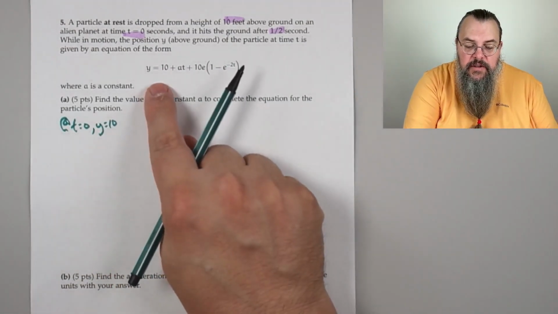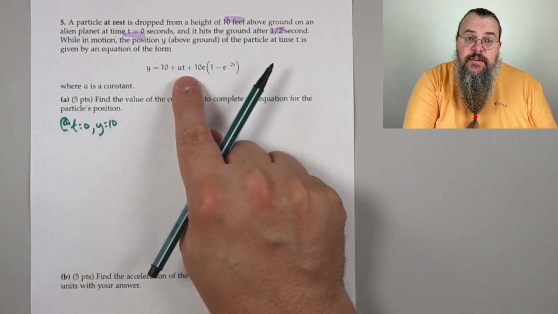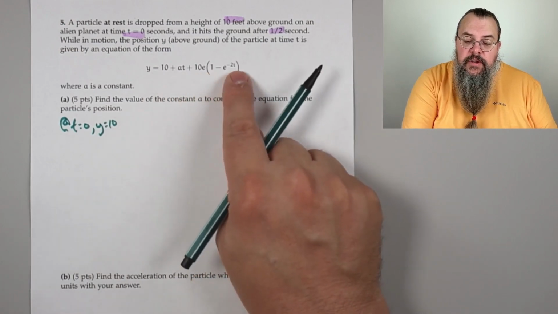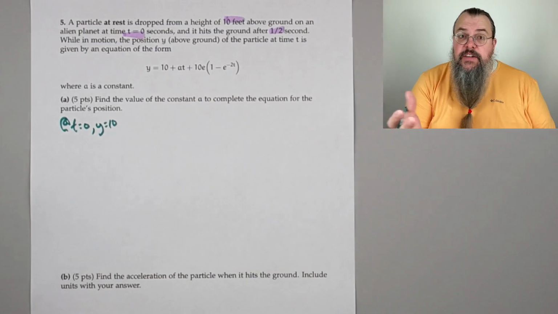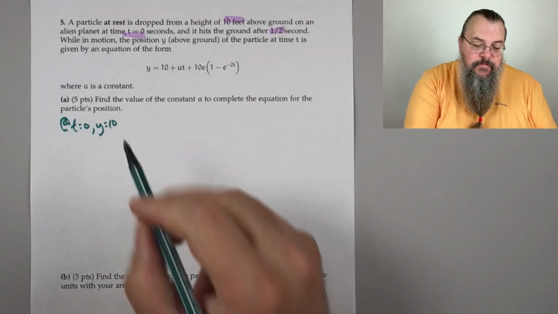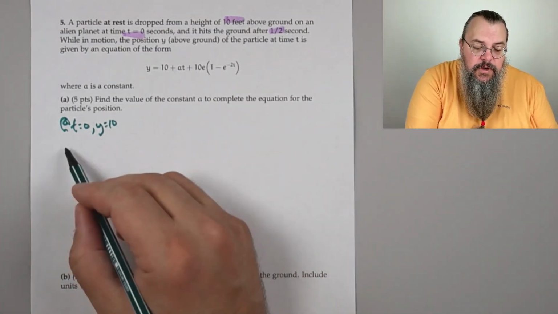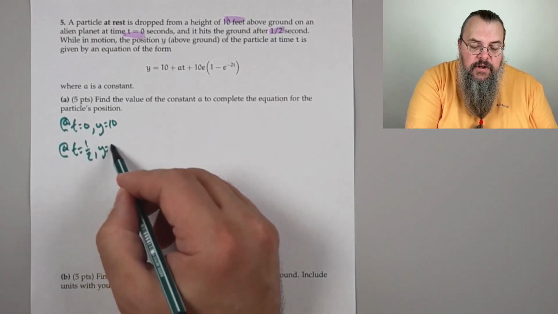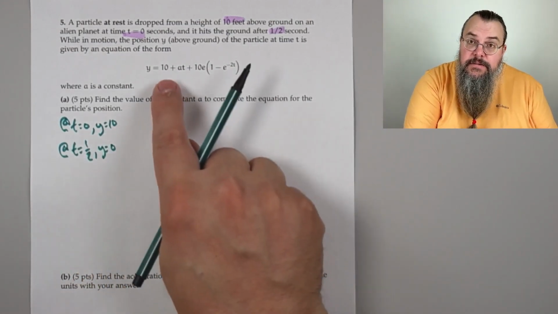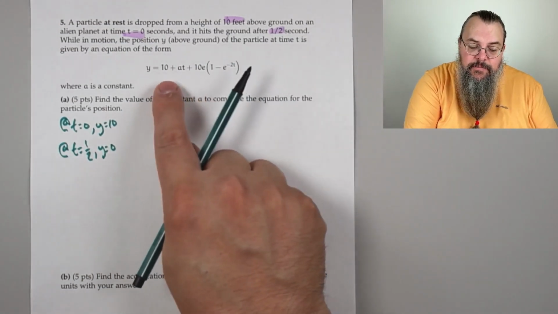And if you plug that in, you'll notice a times 0 is 0. E to the 0 is 1. 1 subtract 1 is 0. So yeah, that checks out. Everything's good to go. And we know at time t equals 1/2, y equals 0. Well, now it's not quite there, so let's plug that in.